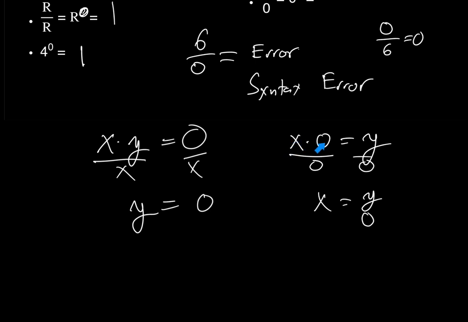What number times 0 gives me another value other than 0? So if y is 5, x times what number? Well, sorry, 0 times what number is 5? That's impossible.